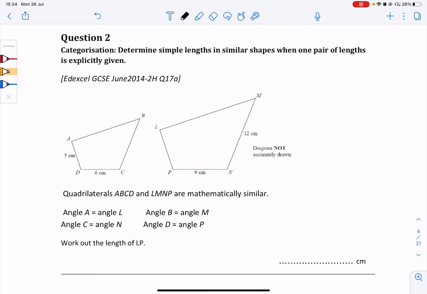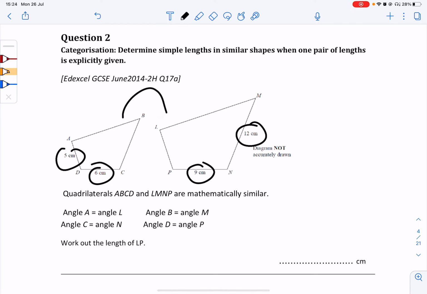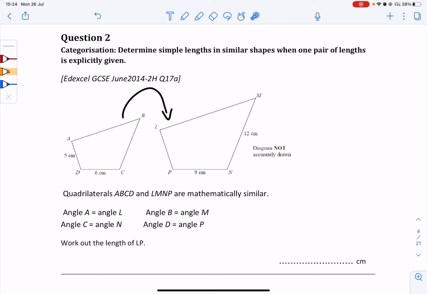In this case, because all the measurements in question 2 are lengths, and these two shapes are mathematically similar, all the angles in both shapes happen to be the same.